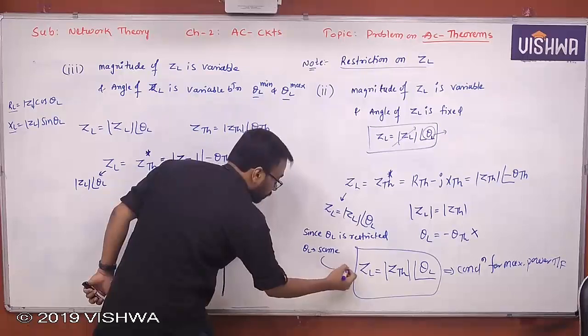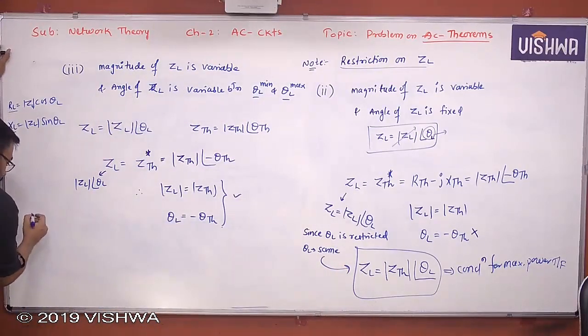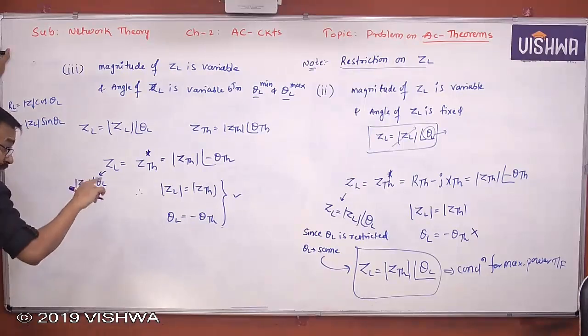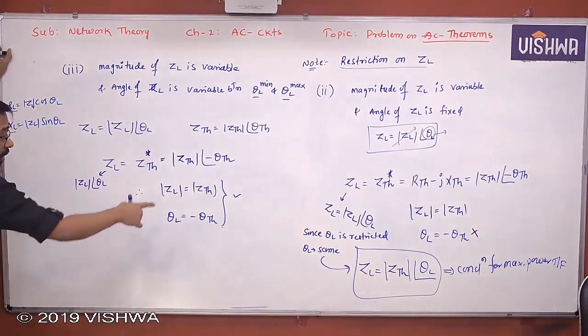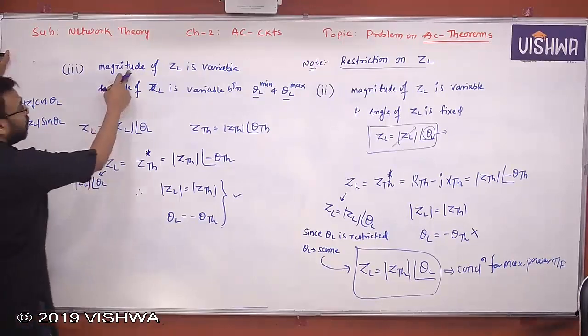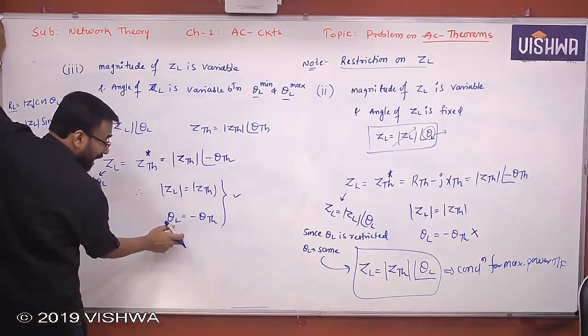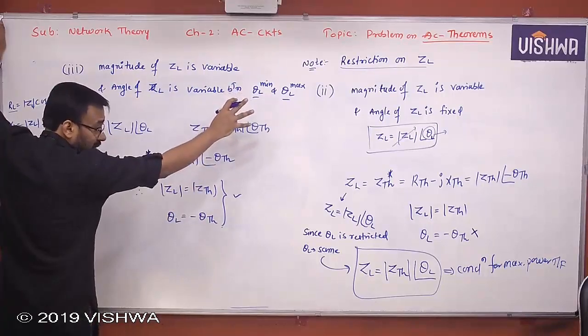Yes or no? That we maintain. Here also, since theta L is restricted, both magnitude as well as angle are restricted. Yes or no, all of you? Now the magnitude of ZL is variable, so I got ZL equal to ZTH, but the angle is variable now between certain limits. Understand all of you?